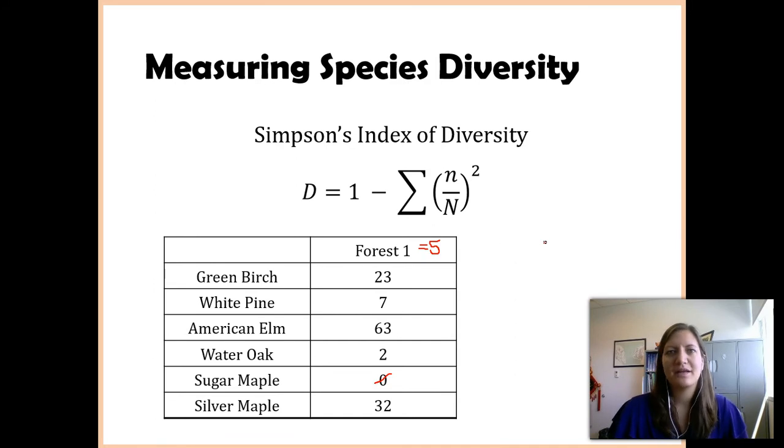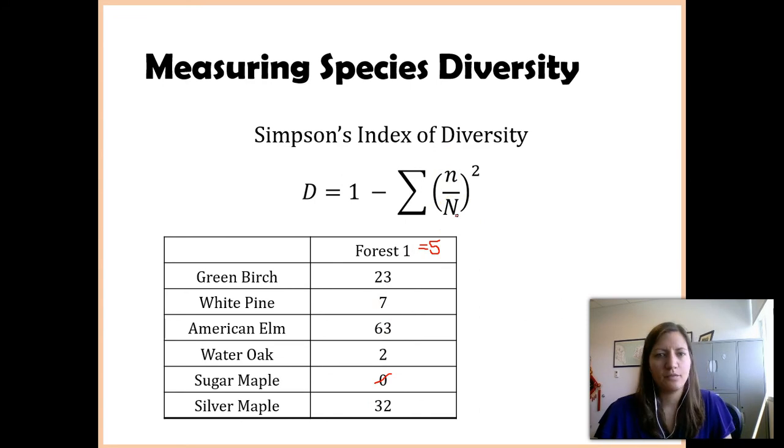But that only tells me a little bit. The next thing I would want to do is calculate this index to figure out, okay, how even is it? Is it good? Is it bad? Can I compare it? So that's what we need to do next. So first thing we need to do, little n, again, is the number of each species. So little n at one point will be 23, it'll be 7, it'll be 63, etc. But we need to figure out what big N would be.